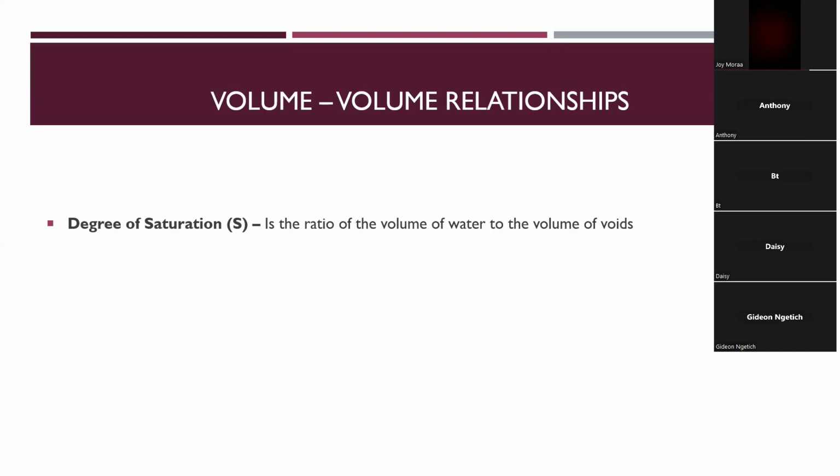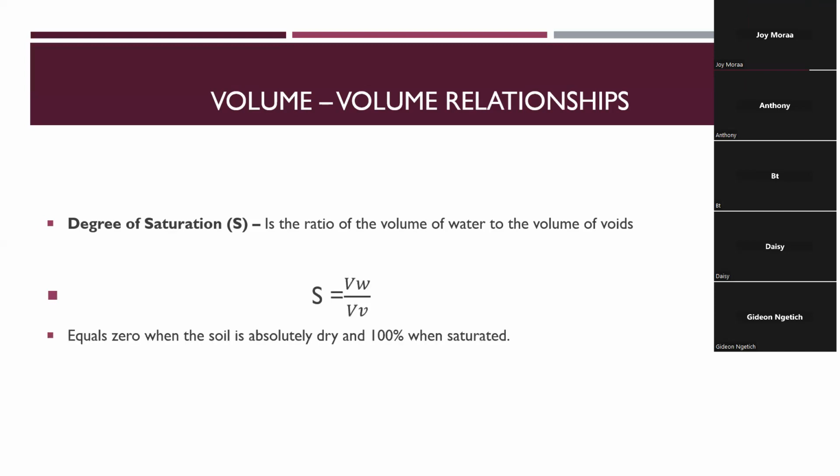Please, Sandro, read for us. Degree of saturation is the ratio of volume of water to the volume of voids. So when the soil is absolutely dry, we'll have zero volume of water, and that will give us 0. And when the volume of water equals the volume of voids, we have 100% saturation.